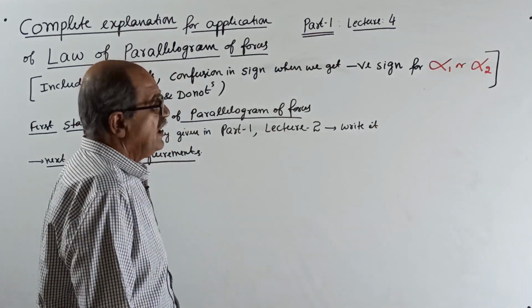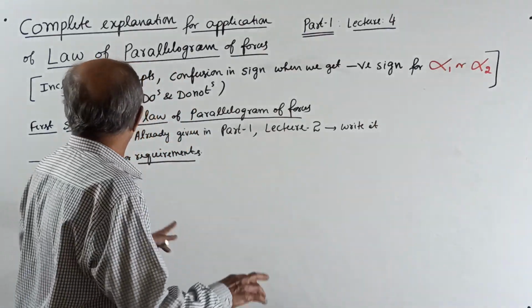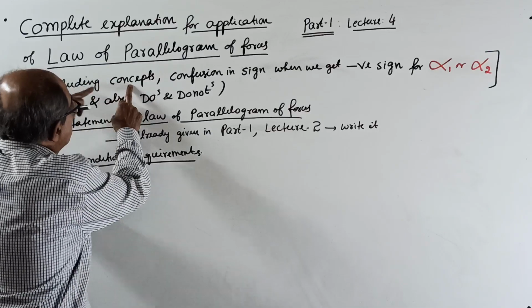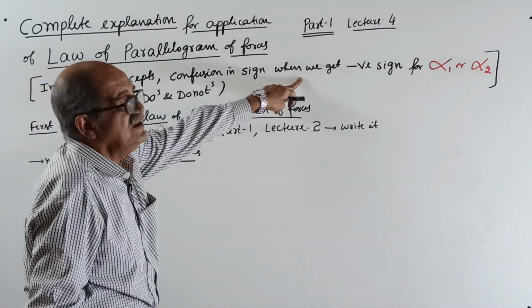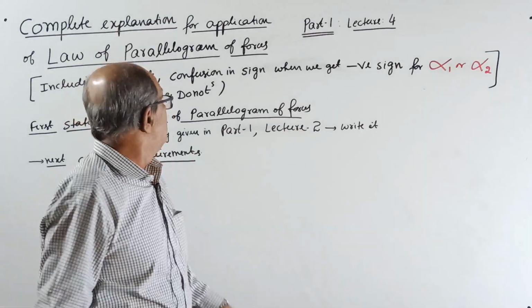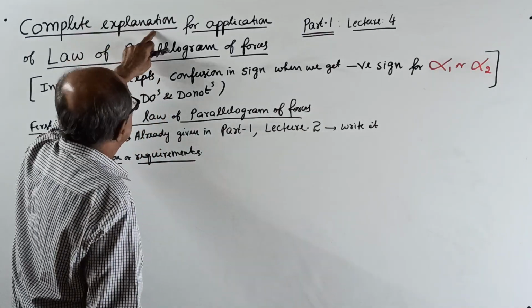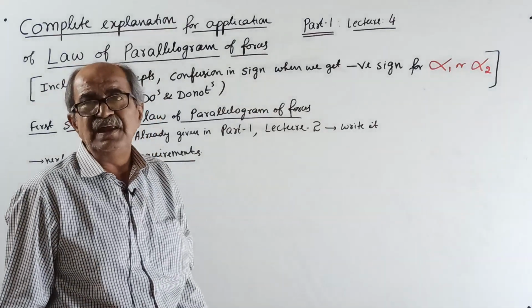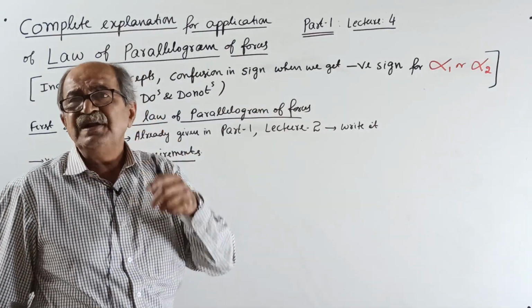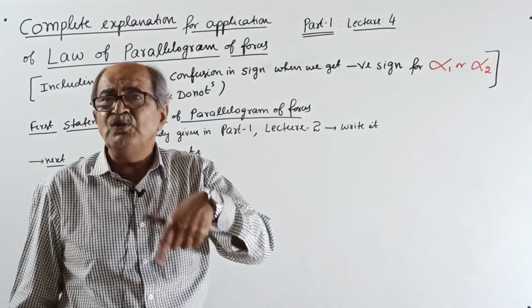Now we are ready for application, including concepts. I will tell some concepts here one by one. Confusion in sign: I will give a complete explanation. When I say confusion in sign, I will tell what confusion you will get and I will remove the confusion.